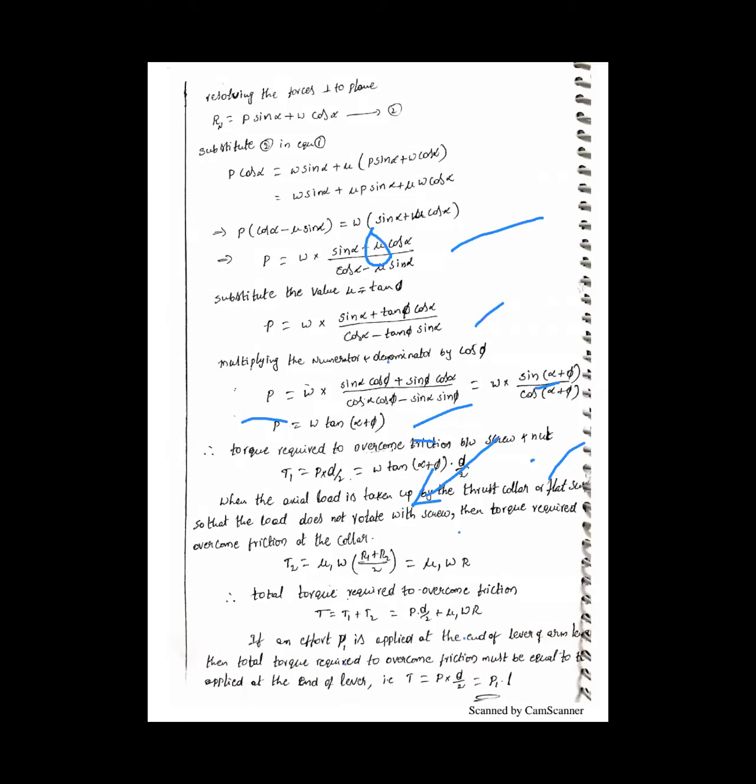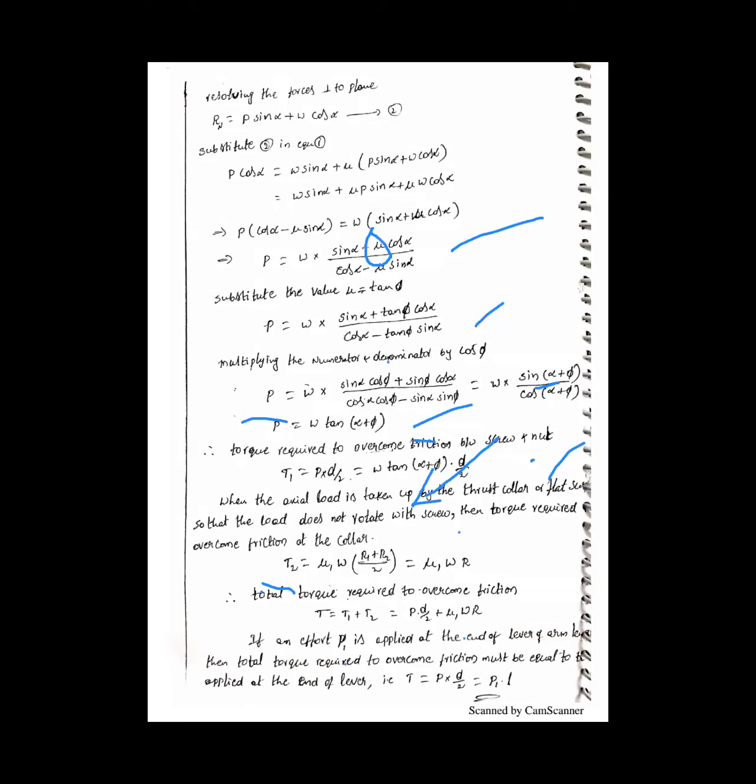So the torque is written as mu1 W into (R1 plus R2) by 2, which is the average of the radii, so that is mu1 W R, the friction at the thrust collar.